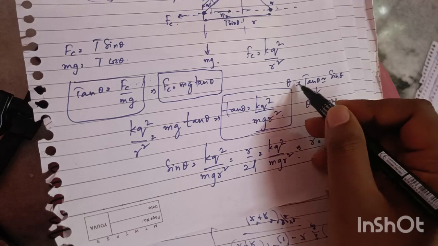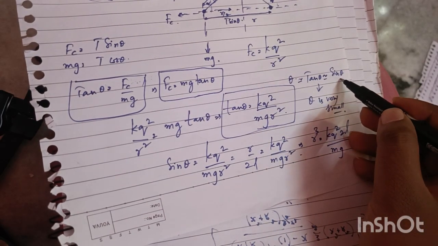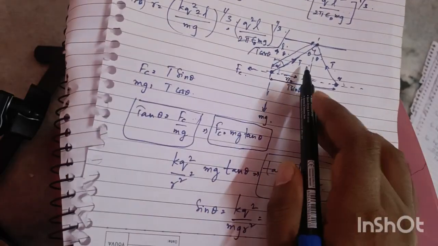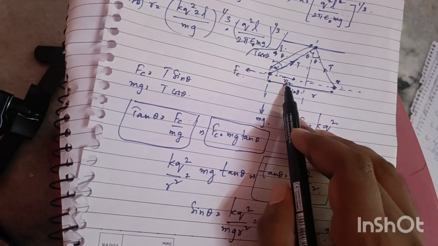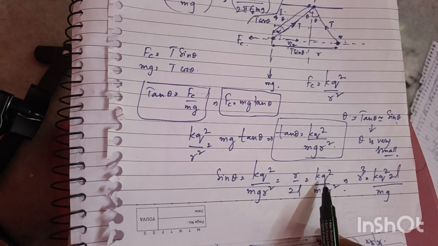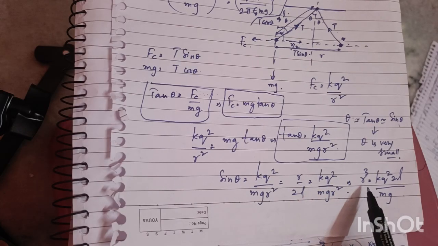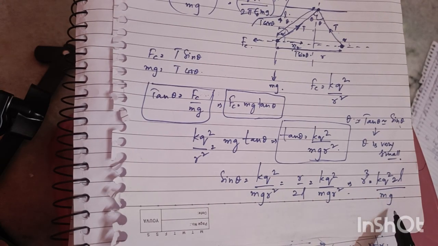They could have asked in this manner also. So sin theta, from this one we can write as opposite by hypotenuse, that is r by 2 by l. That is equal to this one. If I take r square to this side, it will be r cube equal to kq square 2l by mg.